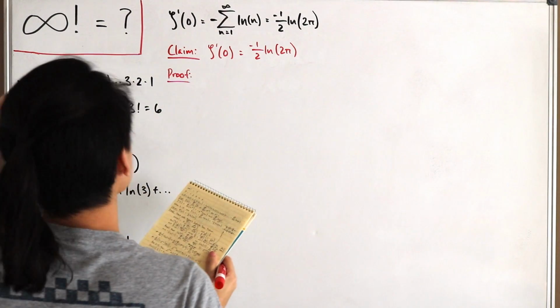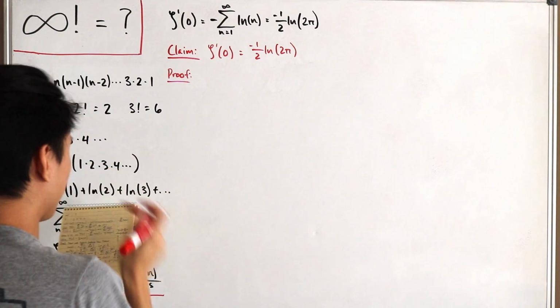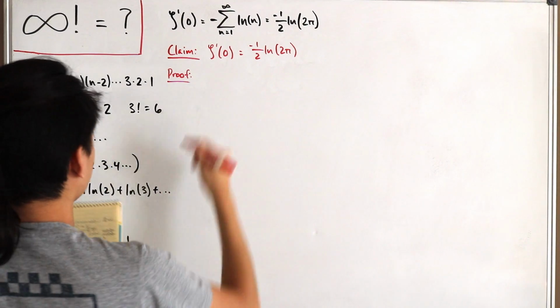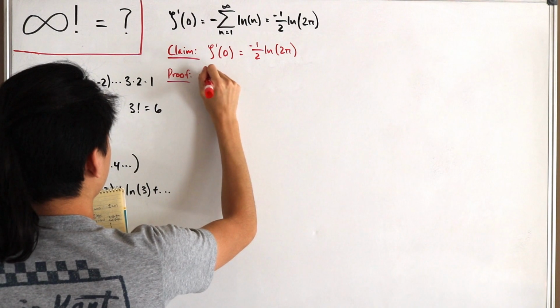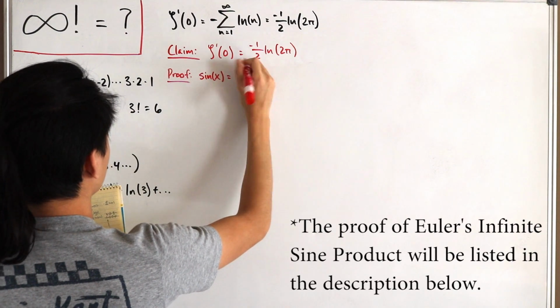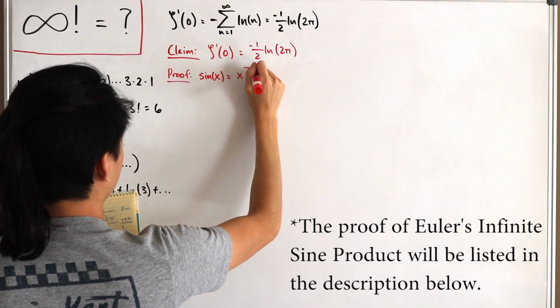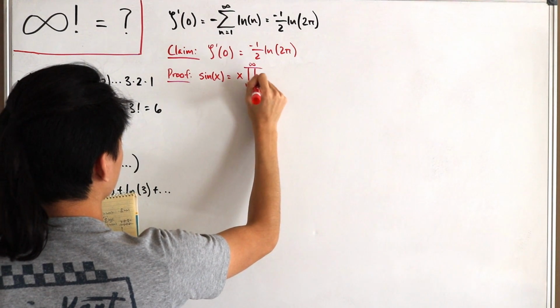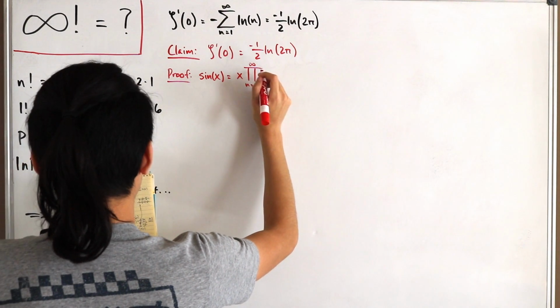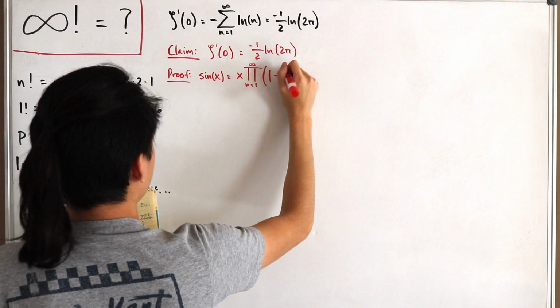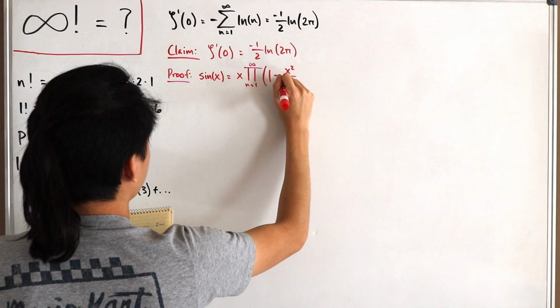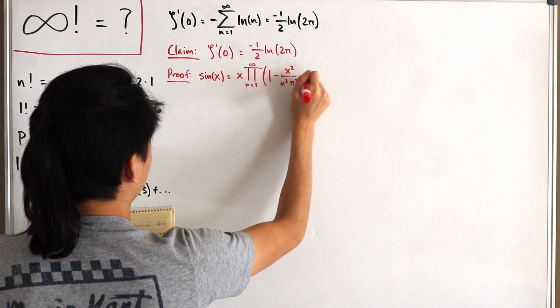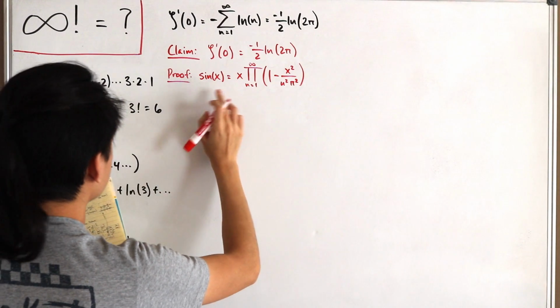The proof starts by using Euler's infinite sine product, which says that sine of x is equal to x times the infinite product, n equals 1, of 1 minus x squared divided by n squared pi squared. Now let's plug in x equals pi over 2.